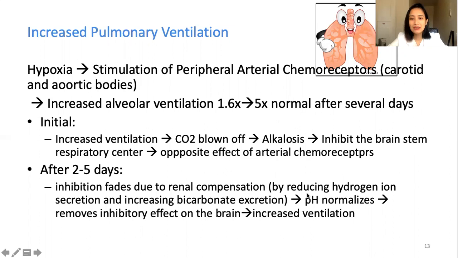Our kidneys try to reduce hydrogen ion secretion and increase bicarbonate excretion. By doing this, it normalizes the pH from alkalotic to normal. And when the pH of the blood goes to normal, it removes the inhibitory effect on the brainstem respiratory center. And this in turn increases ventilation.